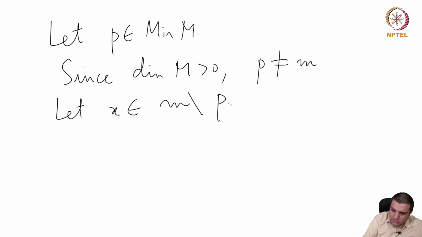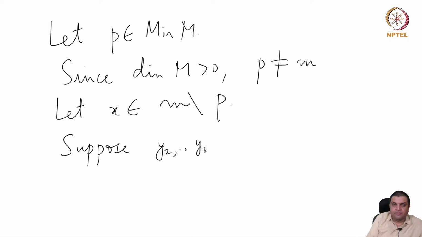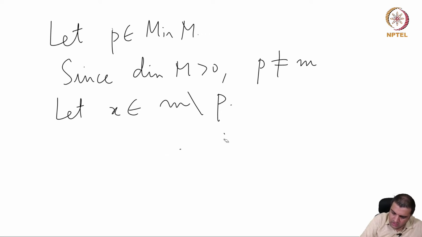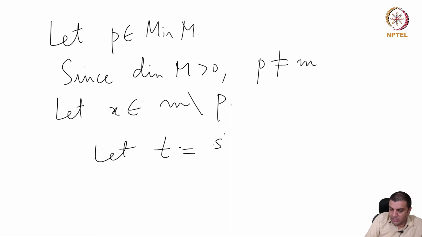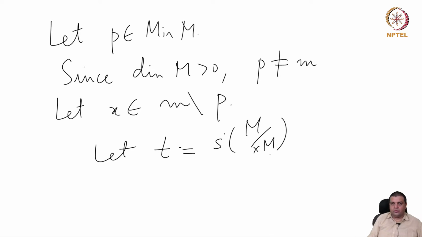Now let T be equal to s of the quotient M mod xM. What does that say?